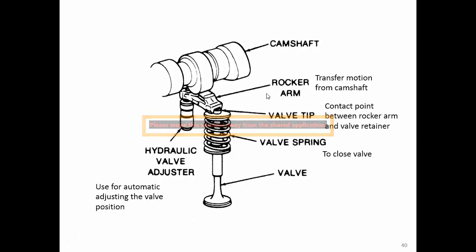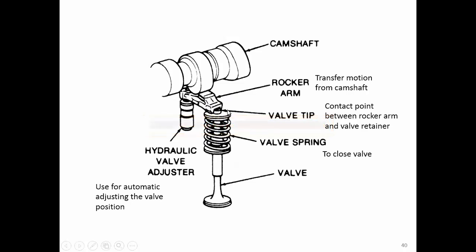Okay. This picture shows you the hydraulic valve adjuster. The reason we need this hydraulic valve adjuster is to adjust the valve position here. Even though we have the rocker arm and we put the valve into the proper position already, remember this valve operates all the time when the engine operates, right? So some wear and tear might happen on the valve tip here.